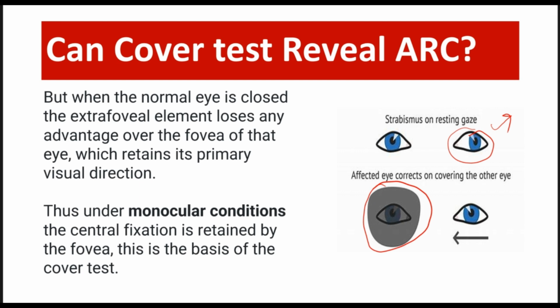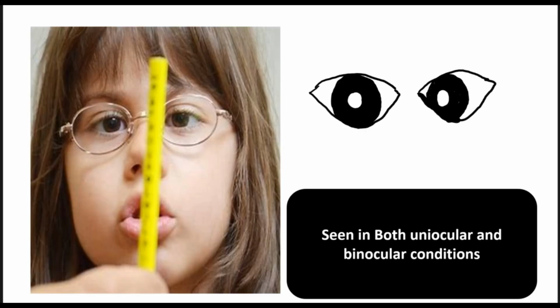Therefore, ARC only works under binocular conditions. It doesn't work under monocular conditions, and that is how you can even detect ARC. Apart from that, eccentric fixation, on the contrary, can be seen in both uniocular and binocular conditions.